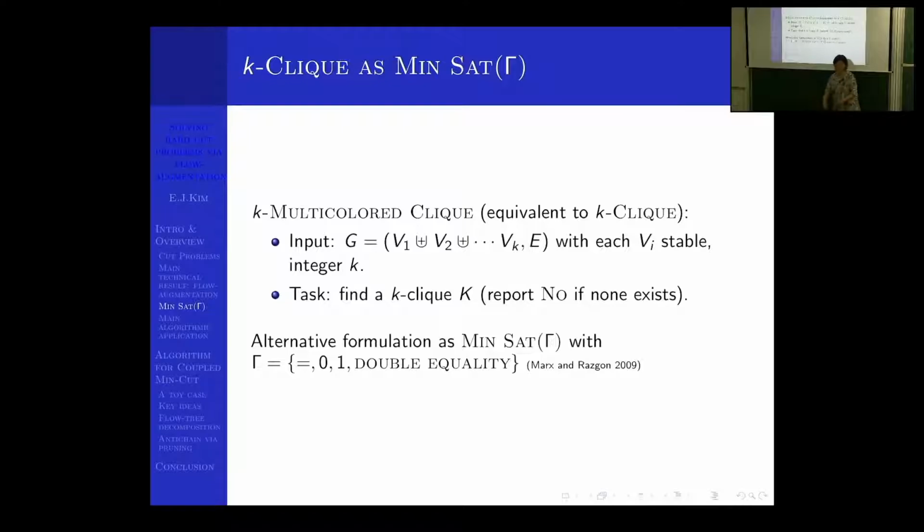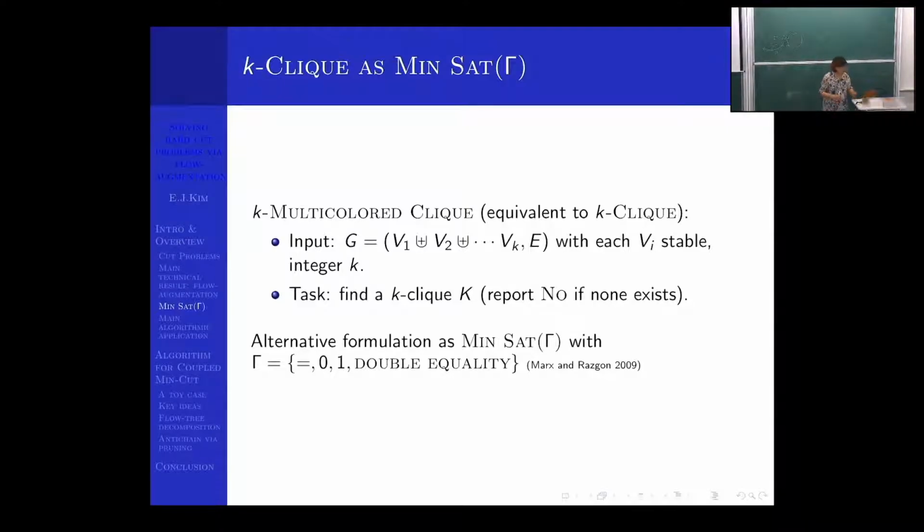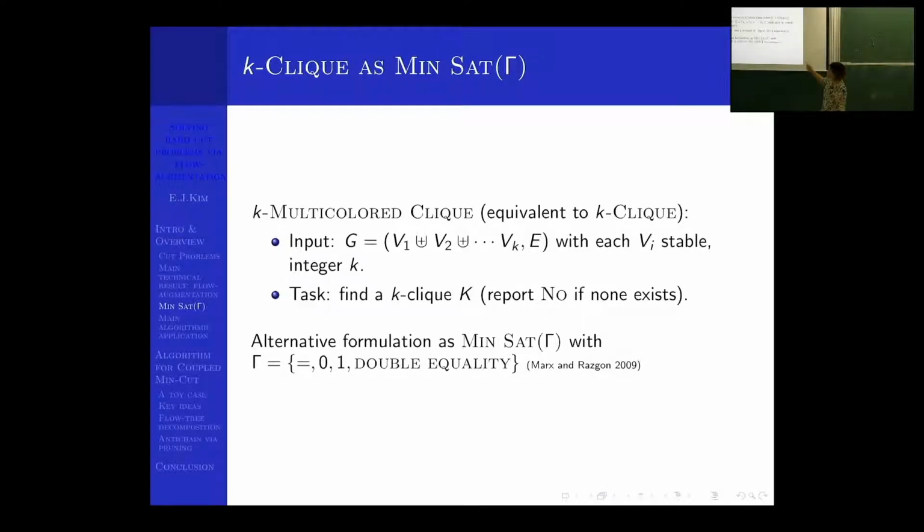I probably won't be able to cover much of this algorithm part, but let me try to at least convey the flavor of the result. Another problem that you can express as Min-SAT gamma is k-clique. Consider k-clique as a parameterized problem. It is known that k-clique is FPT equivalent to k-multicolored clique, meaning that one problem can be solved in FPT time if and only if the other can.